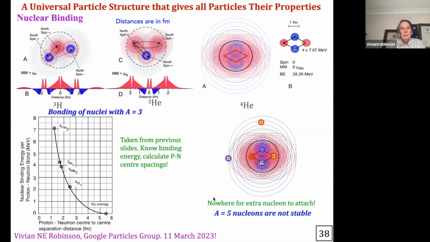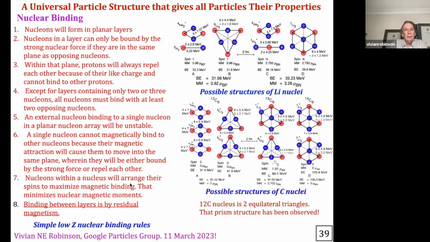Okay, now to go through some nuclear binding rules. I'm not going to read these out to you. I just like to show you they exist and they're not very complicated. To show them, you have to consider the possibilities of lithium nuclei. You have an alpha particle with a deuteron superimposed on it. The only other possibility is the three protons as far away from each other as possible, held together by the neutrons.